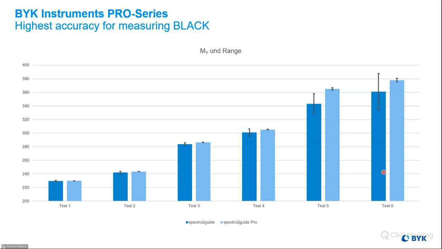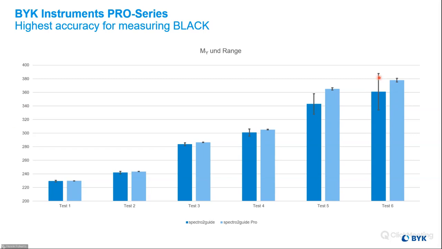The darker the samples, the larger is the difference between those two instruments. It starts here that the normal model shows a higher variation when looking at the 50 measurements. And here, the variation of the 50 measurements is again much higher in regard to the MY number.